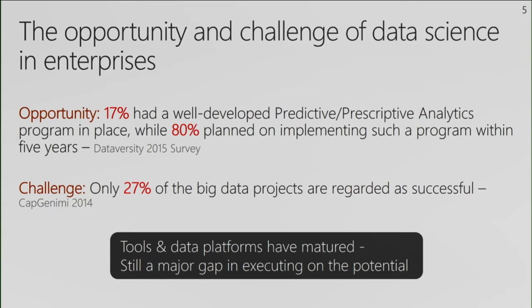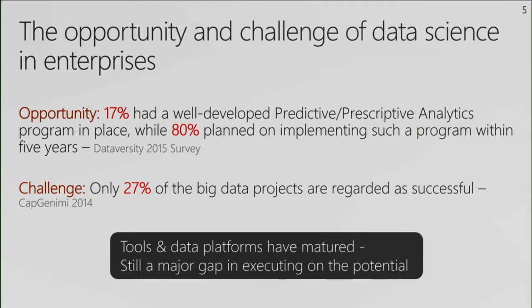So although there is a lot of promise and people perceive that data science could transform their organizations and have a big impact in which their business is becoming predictable, there is a big gap in terms of realizing that potential.